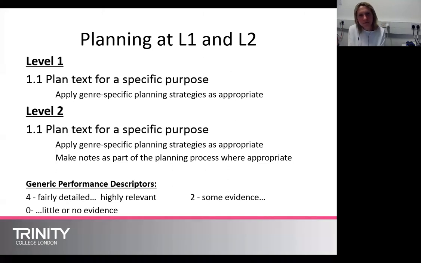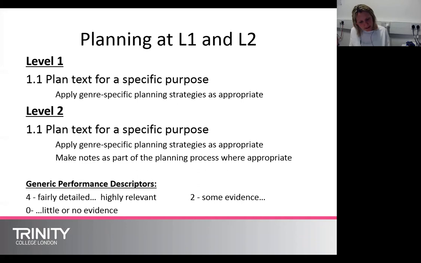And at level 1, the assessment criterion 1.1, plan text for a specific purpose. Amplification for this criterion is on page 20, and it talks about applying specific planning strategies as appropriate.